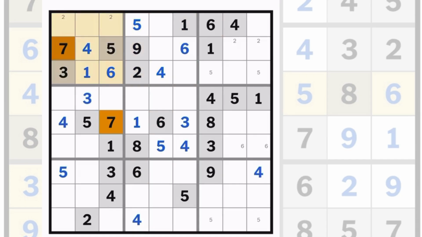Then we go to 7. So these are the 2 cells where 7 is a likely candidate. Similarly, these are the 2 cells where 7 is a likely candidate. Then these are the 2 cells where 7 is a likely candidate.